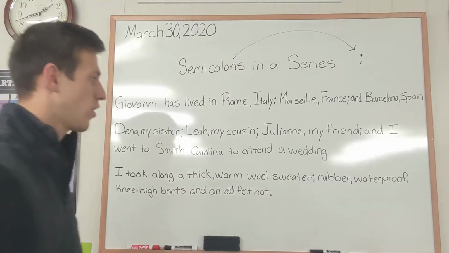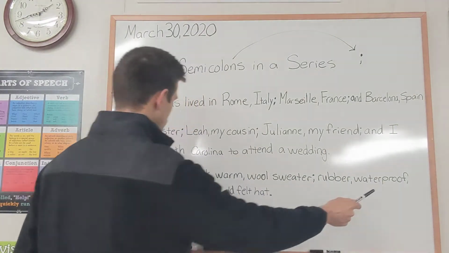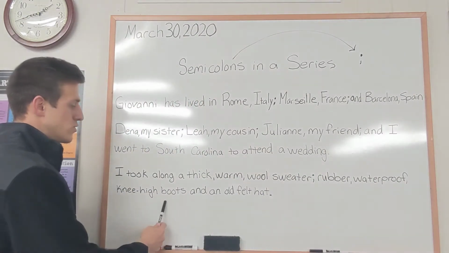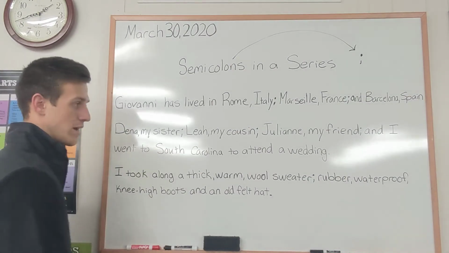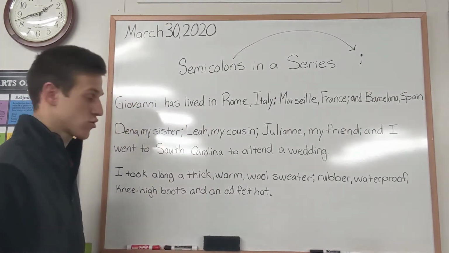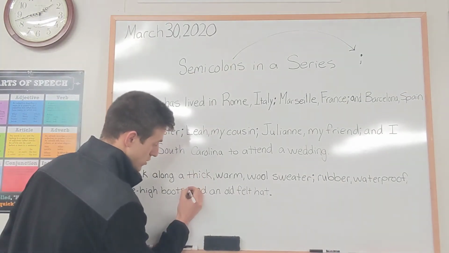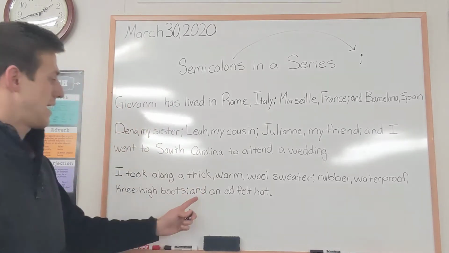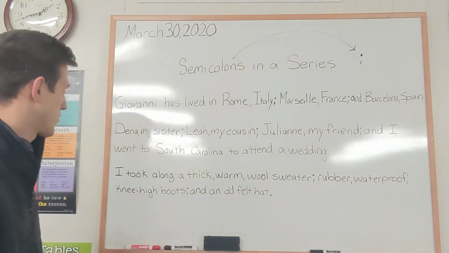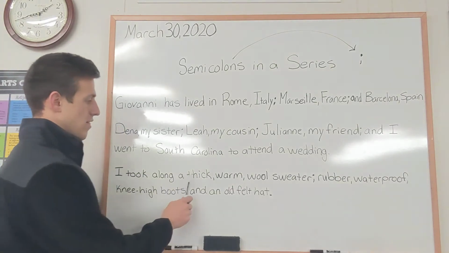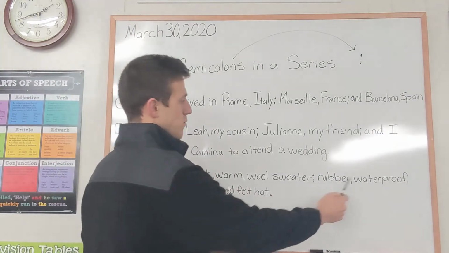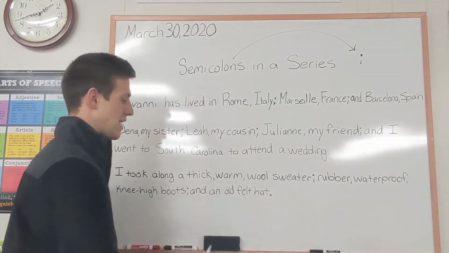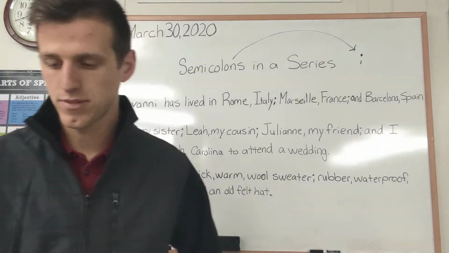And then moving on, we have rubber, waterproof, knee-high boots. So we have 3 adjectives describing our boots, so we're going to put our semicolon after that, and an old felt hat. I took along a thick, warm wool sweater; rubber, waterproof, knee-high boots; and an old felt hat.